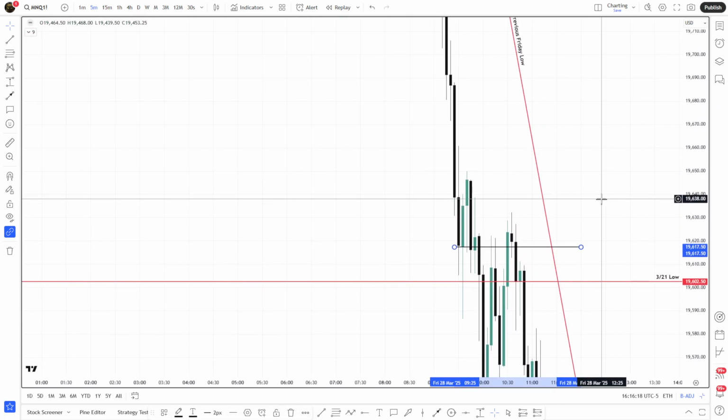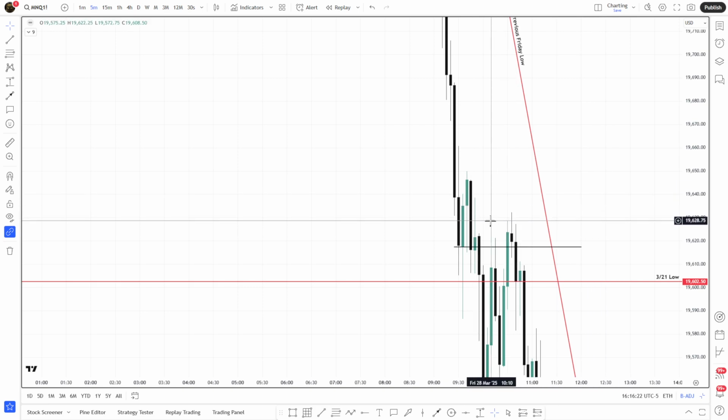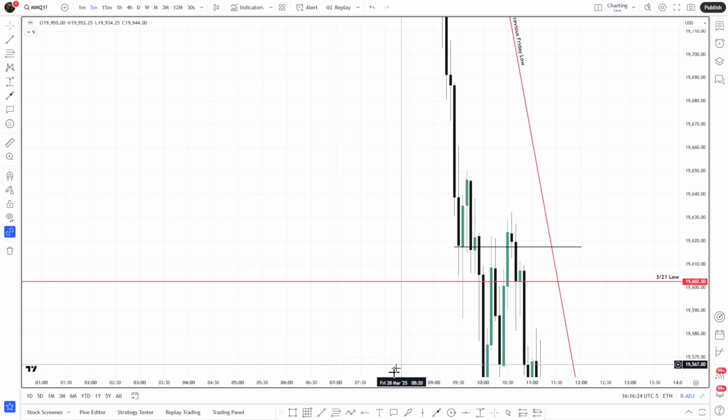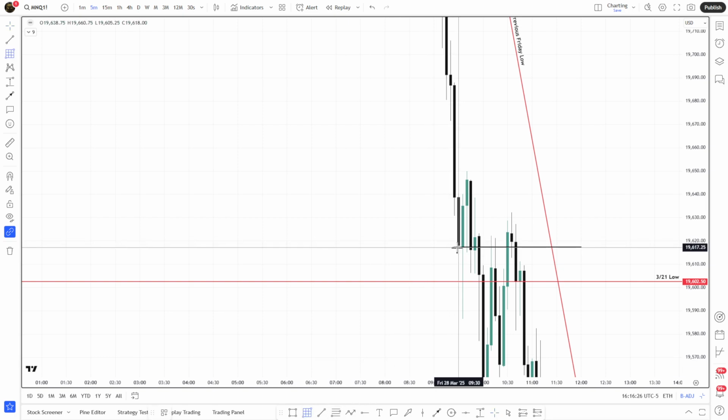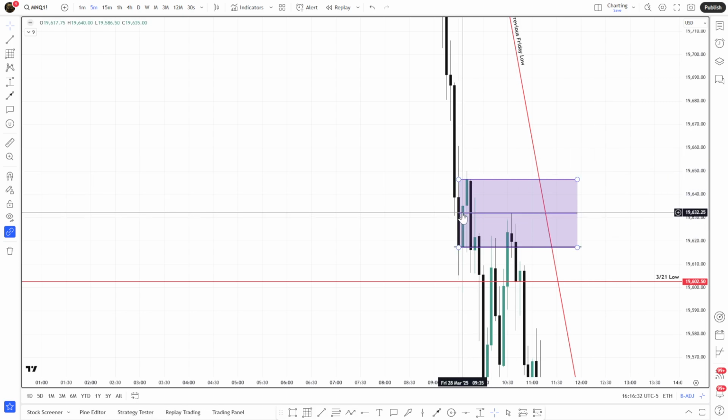And what I mean by staggering orders is you can grab this range right here and say, okay, I'm going to just try to grab anything that tags 50%, because then at least I'm getting something at 50%.